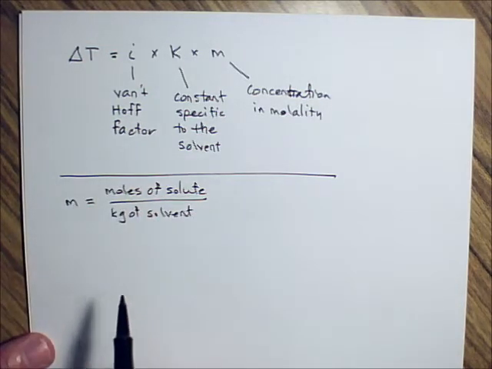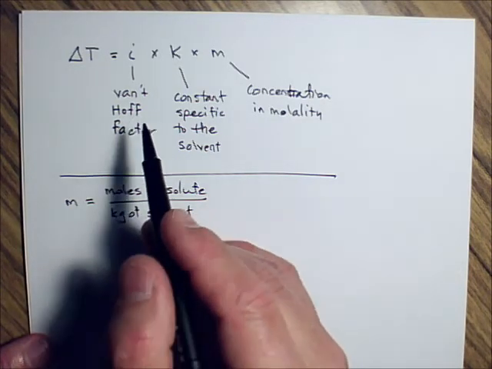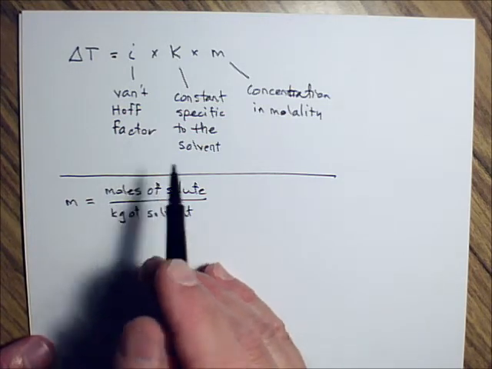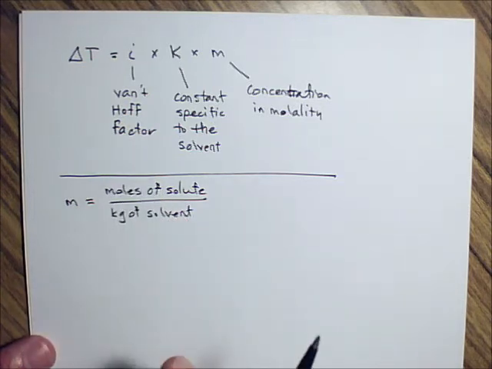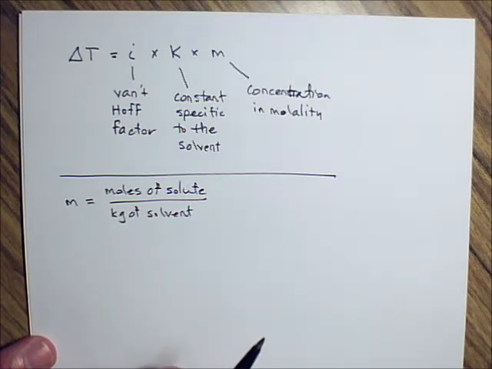Now the Van't Hoff factor. In high school chemistry we limit the Van't Hoff factor to a very simple concept. The Van't Hoff factor is the number of particles the solute breaks up into when it's dissolved.